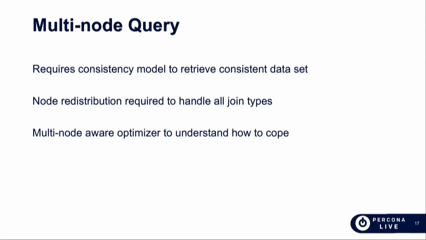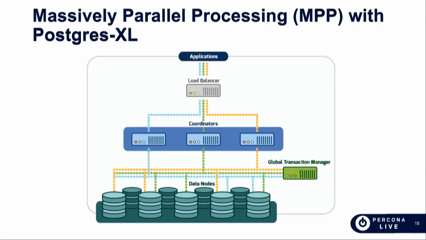So Postgres core does not yet have that, and some other systems do. An example of that is technology for massively parallel processing using PostgreSQL syntax. And the layout of some of these systems is strikingly similar.